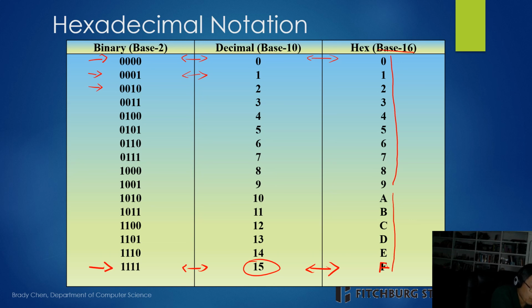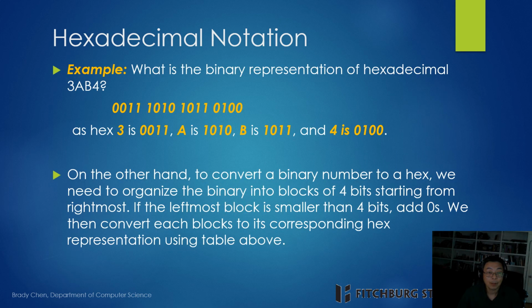It's very important. Why? Because if you know that table, then every hexadecimal number can be easily converted to binary numbers, and vice versa. Let's take a look at an example. Suppose we have a hexadecimal number 3AB4. It's a 4-digit number.